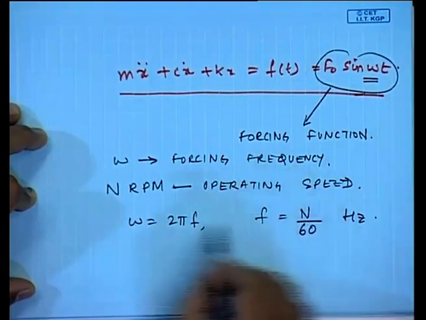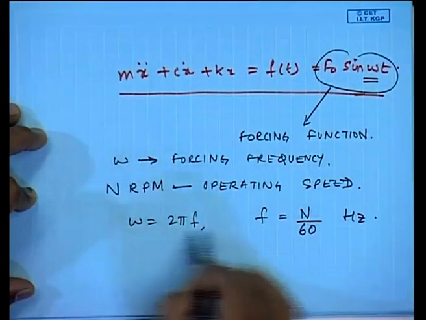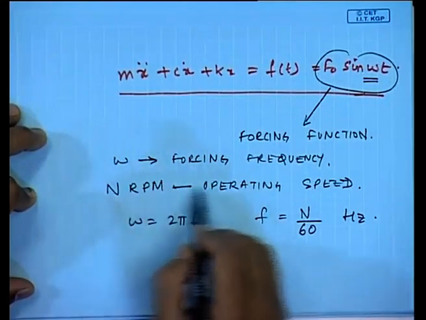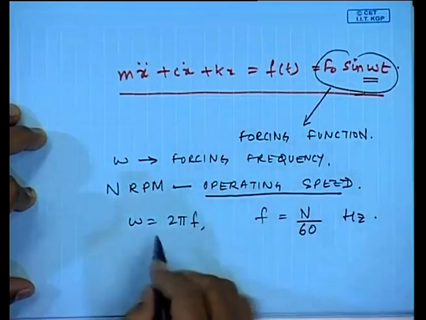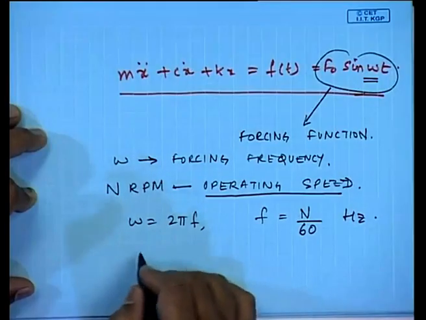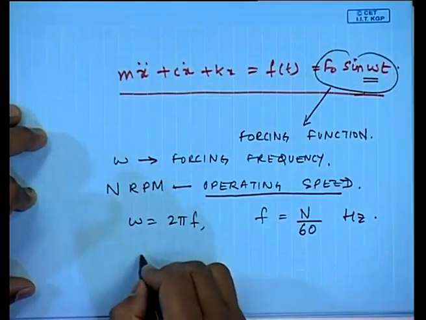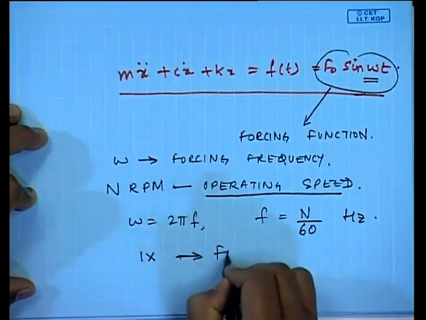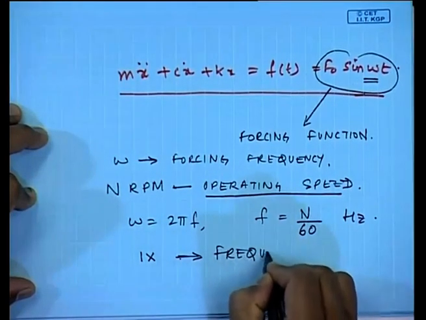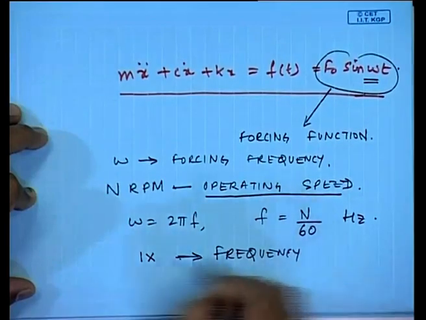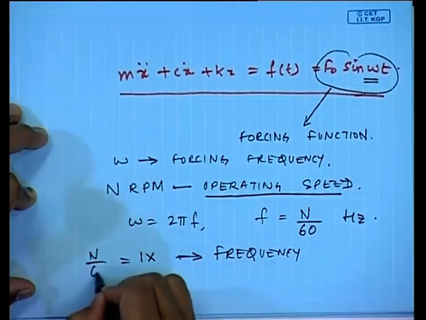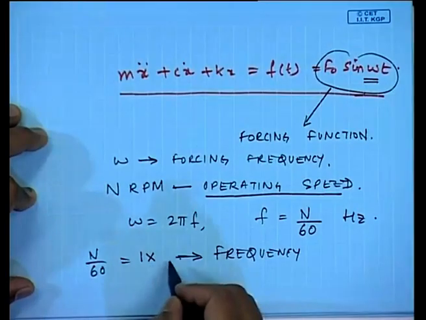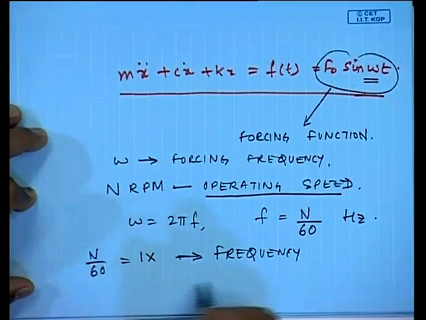So, usually this is how this omega is related to the speed of the machine, and in condition monitoring literature people usually denote this as 1x frequency, nothing but n by 60. Harmonics of it will be 2 times, 3 times, and so on.